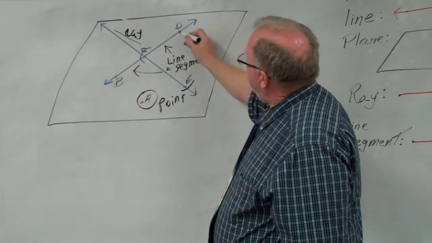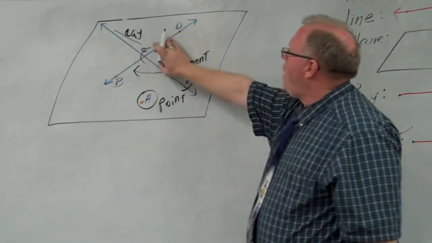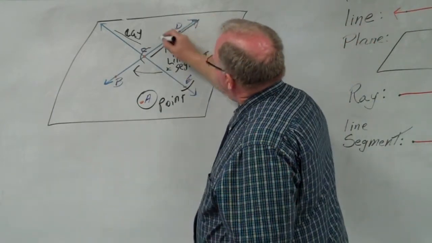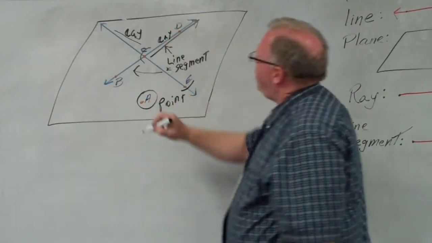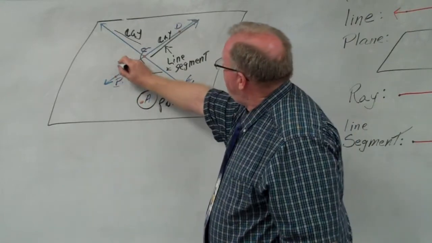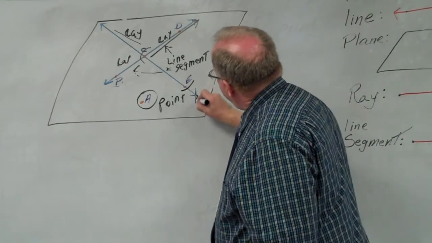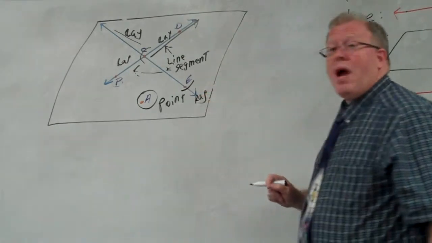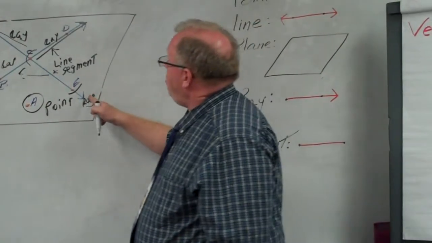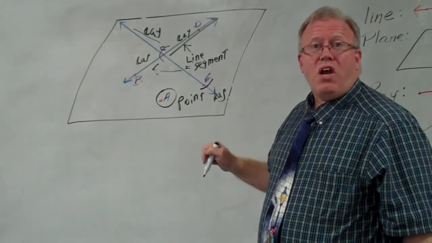And if we look right here, we have D. And if we look at C, not only does C become a line segment, a part of a line segment, but because it's also attached to this, it's also a ray. C to B is going to be a ray because it goes past again. So we have several rays here. And then C through E, also another ray. Okay. Wow, a lot of rays there. Okay. And then we have our line. Well, we can identify that we have 2 lines in this entire piece.